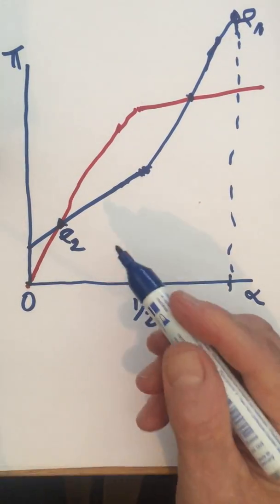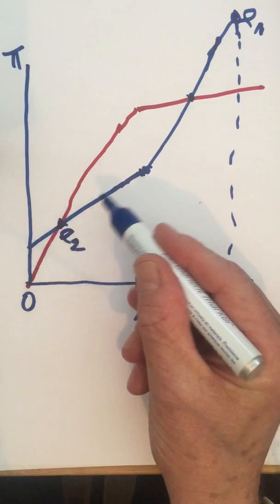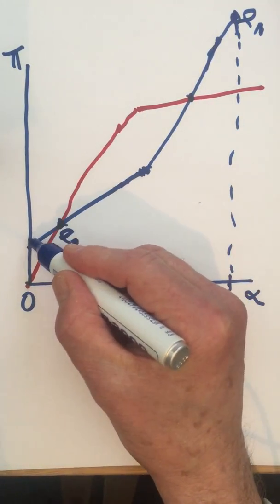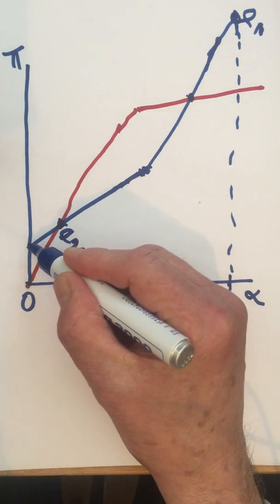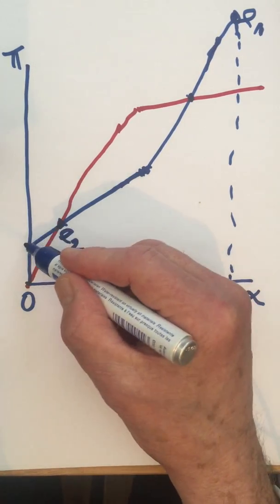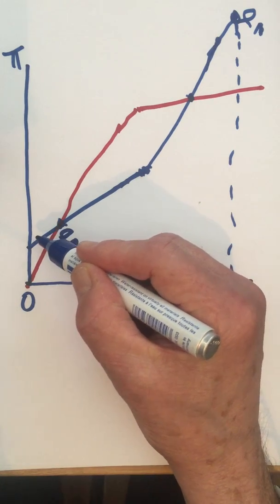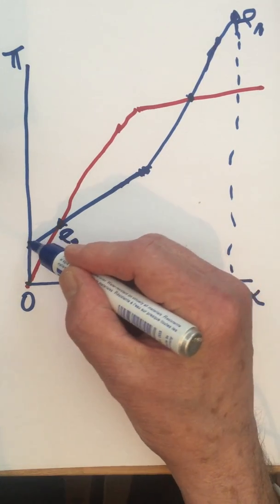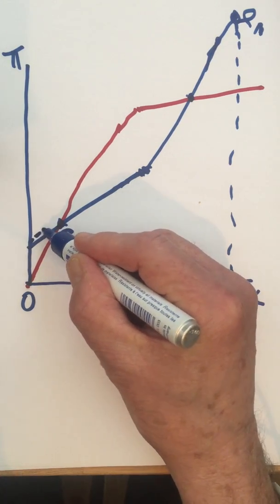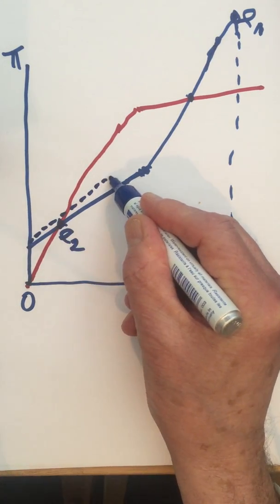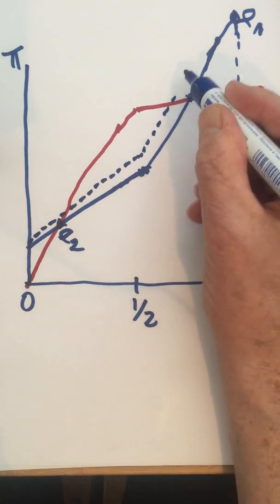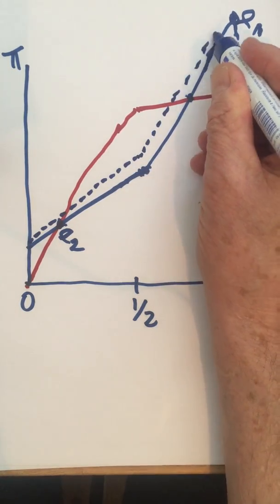Better law enforcement, what would happen to the profits of the producers, everything else being the same? Well, they can protect themselves a little bit better against the parasites, and the parasites won't get the same high share that they obtained with lower law enforcement than before. So that means that this curve shifts up like this. So it's something like this.